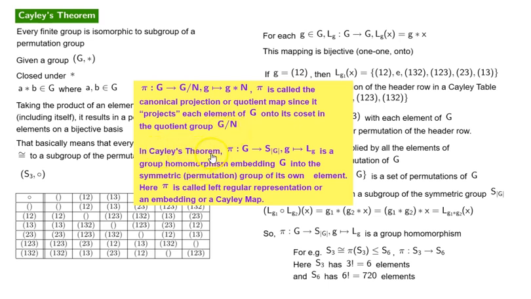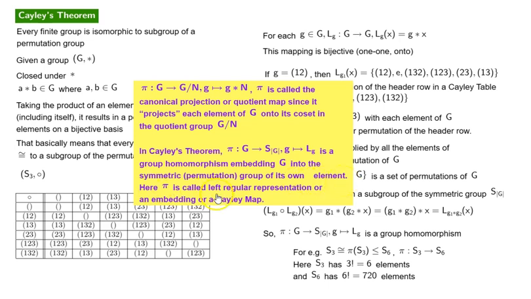Whereas in Cayley's theorem, we are saying pi maps G to the symmetric group S sub order of G, where g maps to L sub g, is a group homomorphism embedding G into the symmetric or permutation group of its own elements.